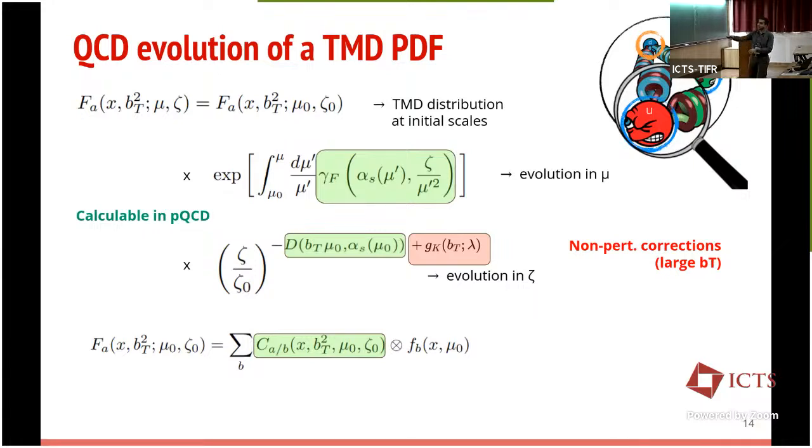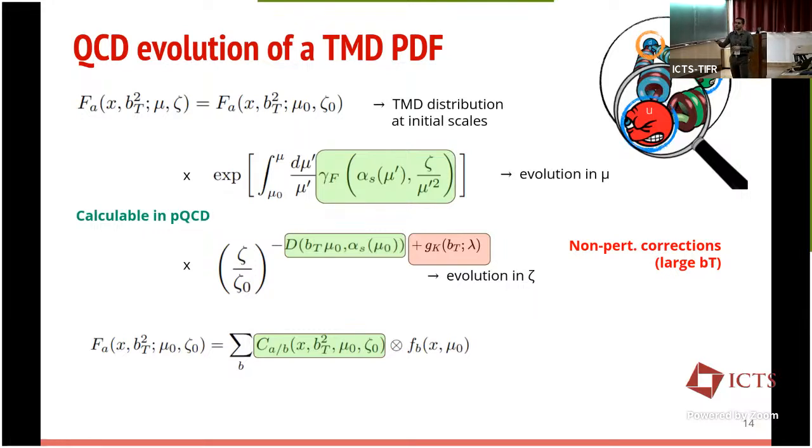The type of collinear PDF that you have here depends on the type of TMD PDF that you're considering. If you have a leading twist TMD parton distribution function, then more or less you have the unpolarized one. That's not an exact statement, but in the simplest cases of TMD distribution functions, you are matching your distributions on the leading twist collinear parton distribution functions.